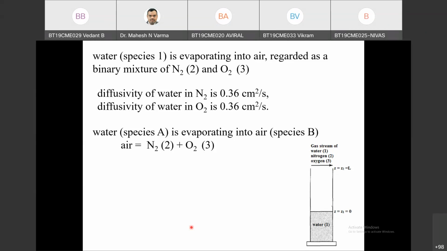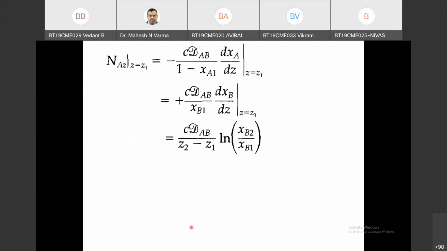Ten years before I told you how to calculate the C. 34.62, sir. 34.62 mole per meter cube. No, I think you are wrong. It is 3.462. You are wrong somewhere in the units. So 3.462 into 10 raised to minus 5 gram mole per centimeter cube. This will be the total concentration.